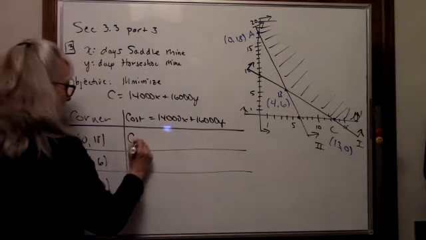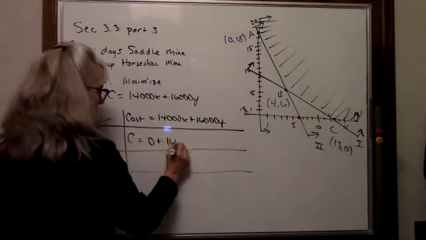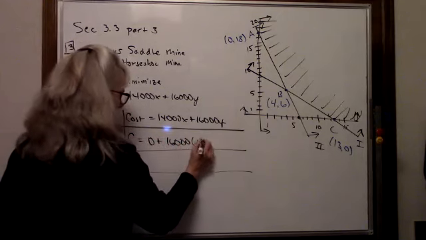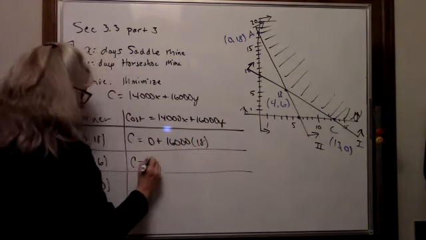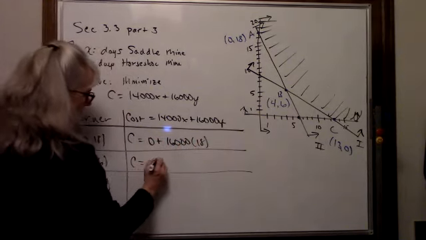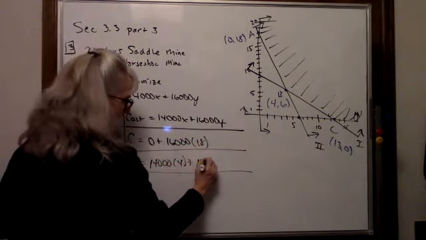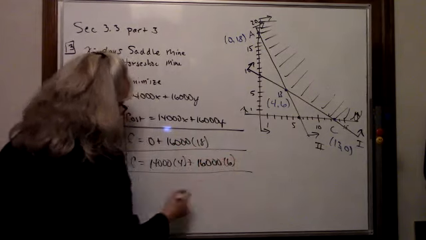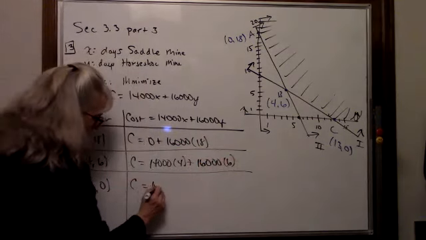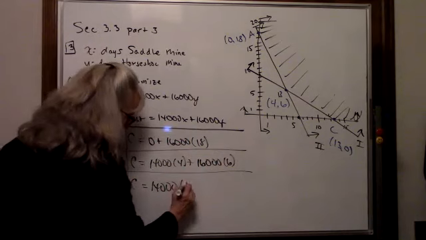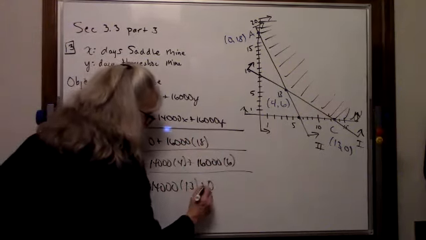So our cost here is going to be 0 plus 16,000 times that 18. Our cost here is going to be 14,000 times 4 plus 16,000 times 6. Our cost down here is going to be 14,000 times that 13 plus 0.